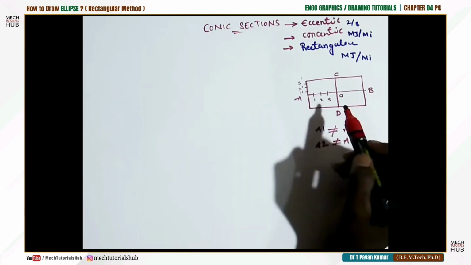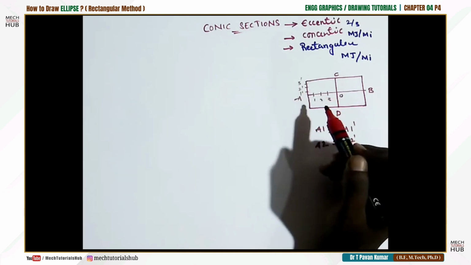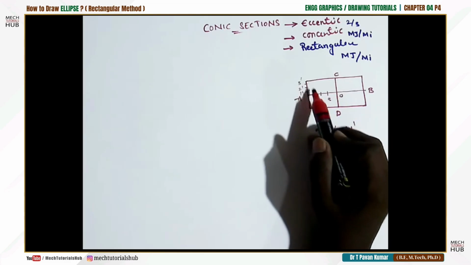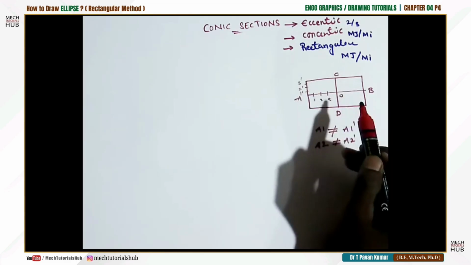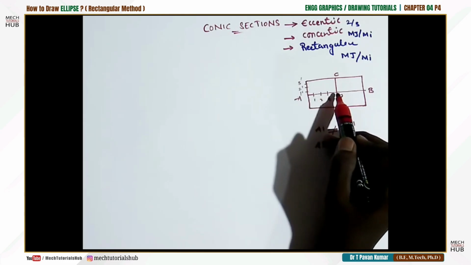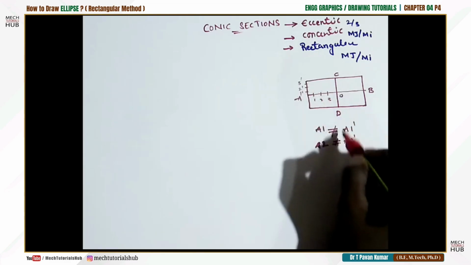It doesn't mean that, for example, I have divided this into 3 segments, this also into 3 segments, the divisions are equal. Here the distance is more, here the distance is very much less, because this is minor, this is major. When the distance is higher, the division value is higher. Similarly, here the distance is very much less, so the value is going to be less. So these two will never be equal.